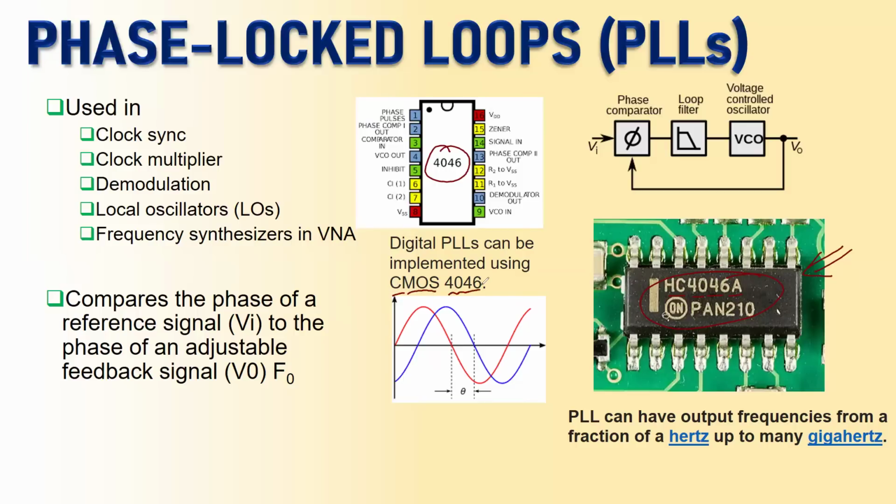You can again type the name of this IC on Google and get access to the manufacturer's datasheet. It is basically a digital PLL, which can be implemented using CMOS technology. You can see that it is a 16-pin IC, and each pin is described right here as shown in the figure.